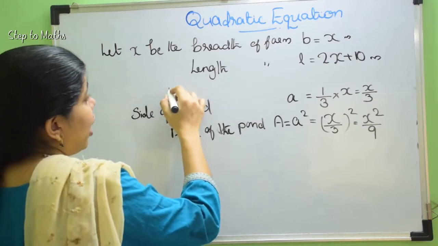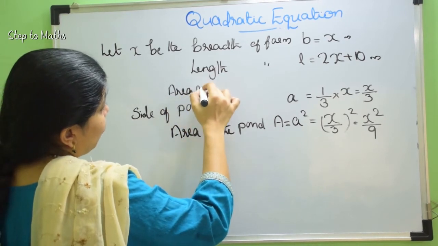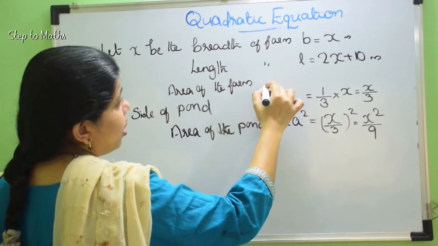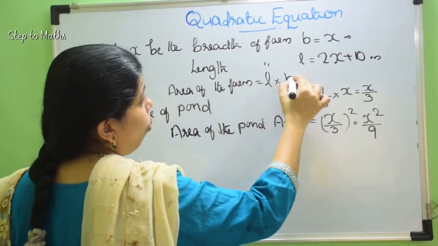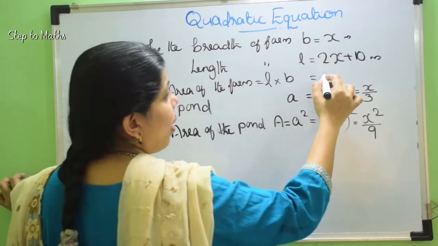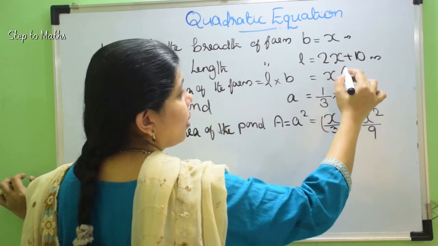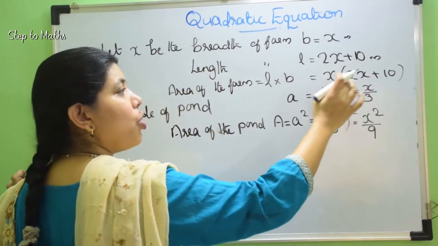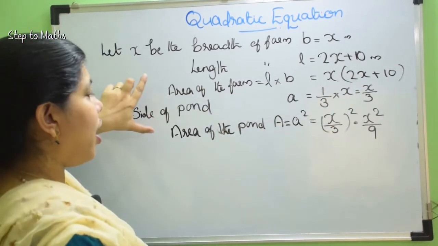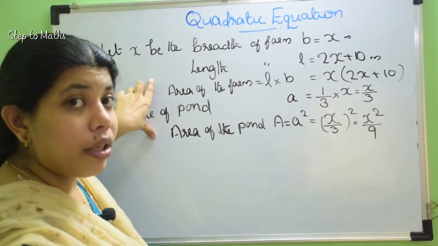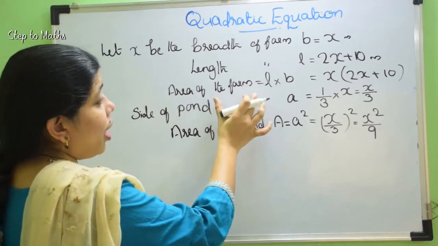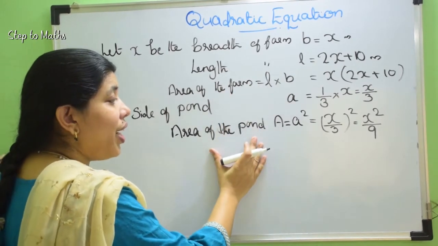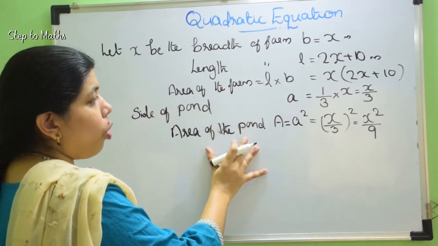So what is the area of the farm? Area of the farm, area of rectangular is length into breadth. That is equal to x into length, 2x plus 10 into x or x into 2x plus 10. And the relation between area of farm and area of pond is area of the farm is 20 times area of the pond.